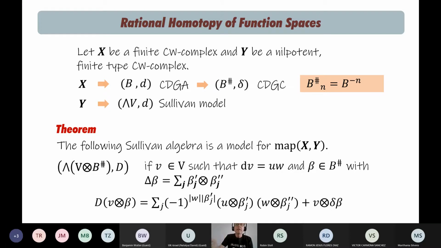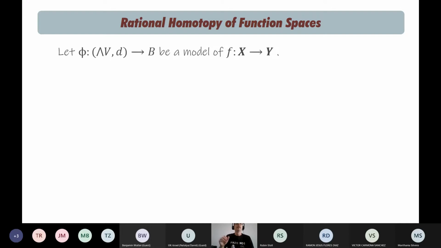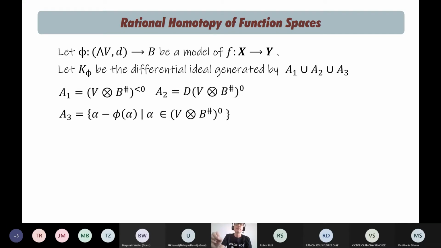But how can we recover the models of the components? Well, this is a result of Brown and Szczarba, but I think that it was also proved similarly by Haefliger previously. Take a model of a particular map from X to Y. Then we define a differential ideal generated by three sets: the elements in negative degrees, the differential of the elements of degree 0, and we identify the elements in degree 0 with some scalars.